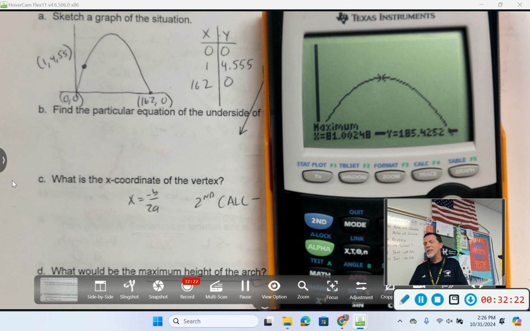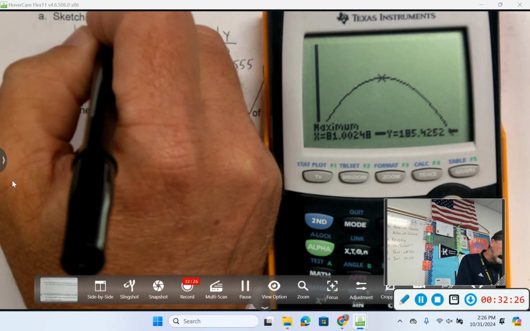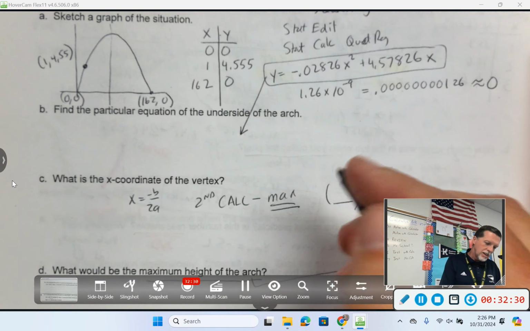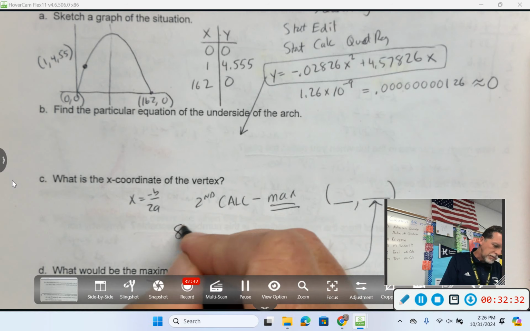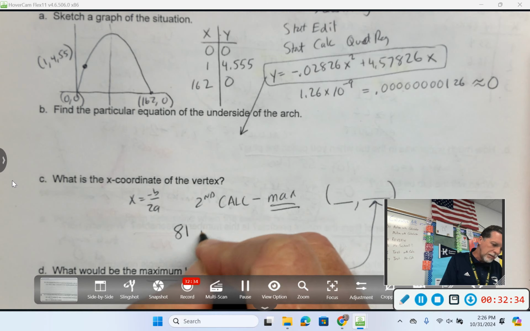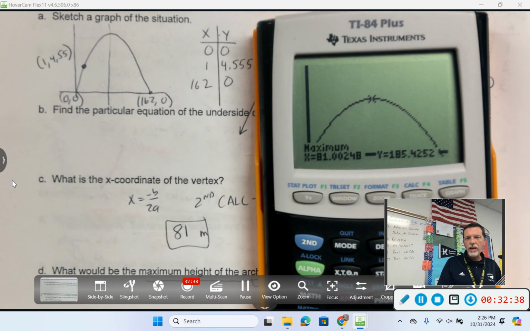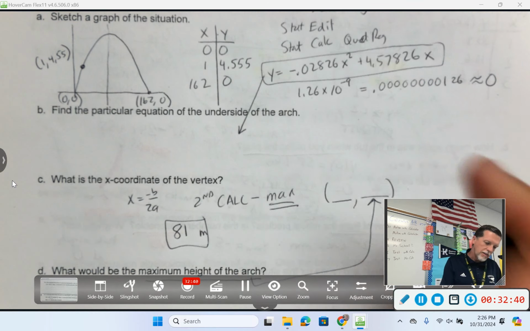Wait, I probably should have been able to get that without the calculator, right? Because I'm pretty sure the x-coordinate of the vertex should be right in between 0 and 162. So 81 meters. And the height is 185.425.